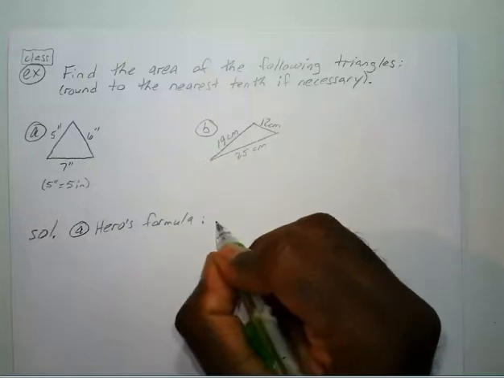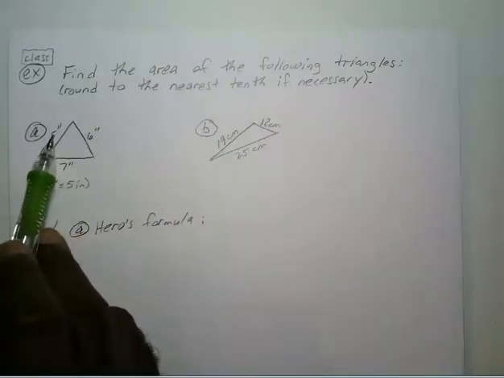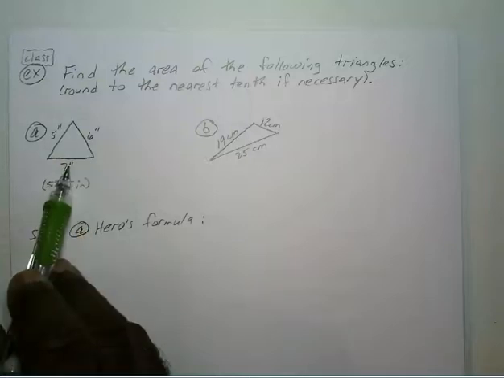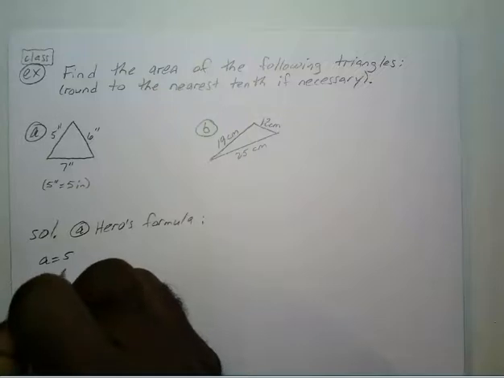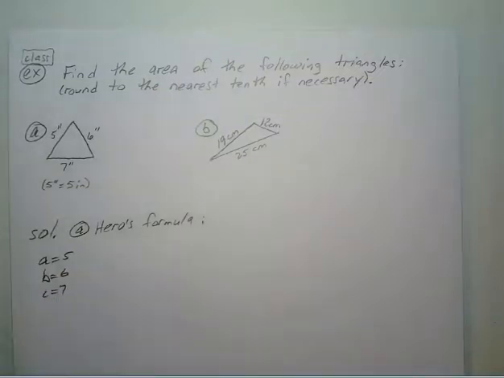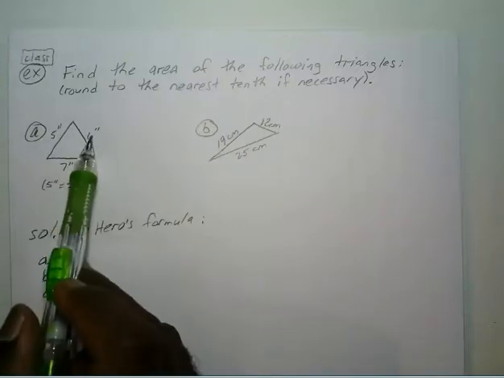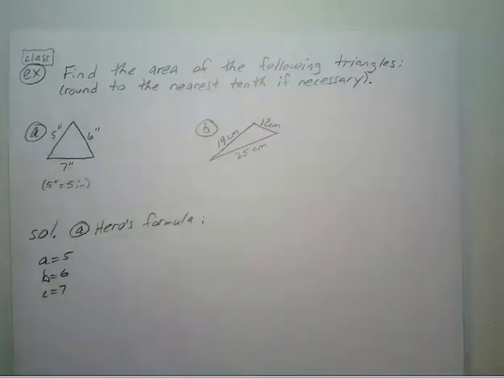So we know that for this one, we can let A equals 5, B equals 6, and C equals 7. Doesn't matter, they're all different. And again, if you want to make A equals 6, B equals 7, and C equals 5, you can. It will give you the exact same answer. This just happens to be the order I picked.